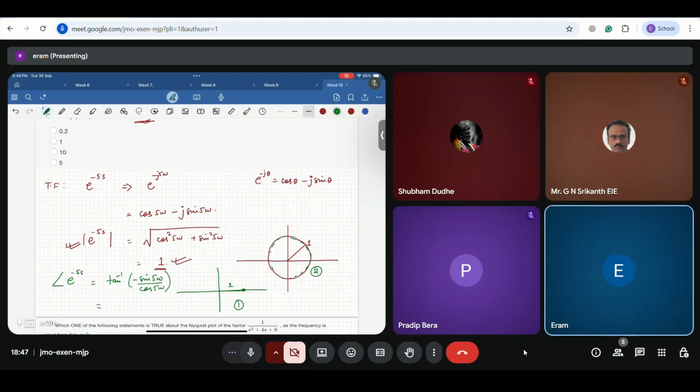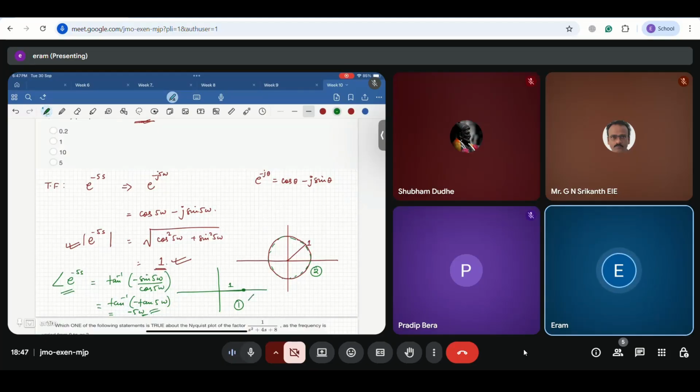Then it is tan inverse of minus tan 5 omega, so that means it is minus 5 omega, right? So what does it mean? Its phase is always going to vary with respect to omega. It is not going to be fixed.